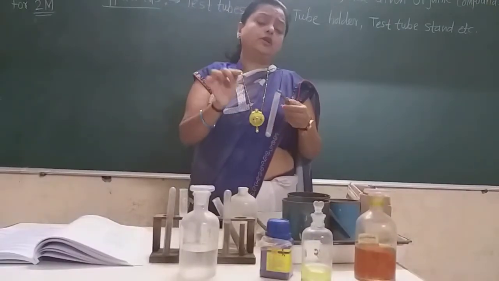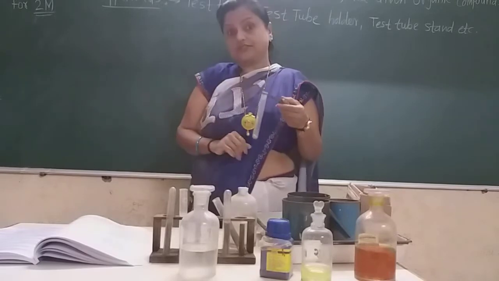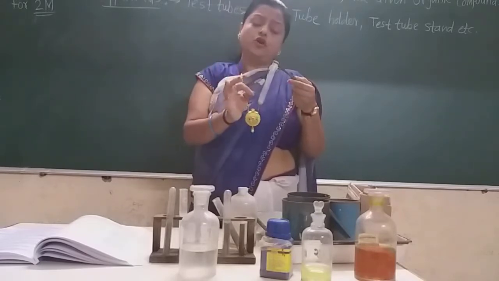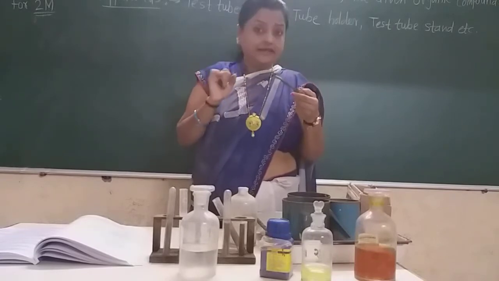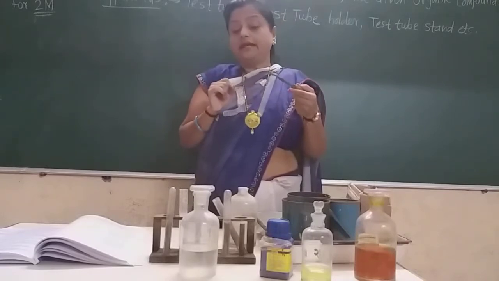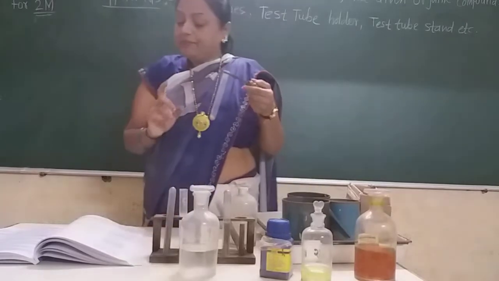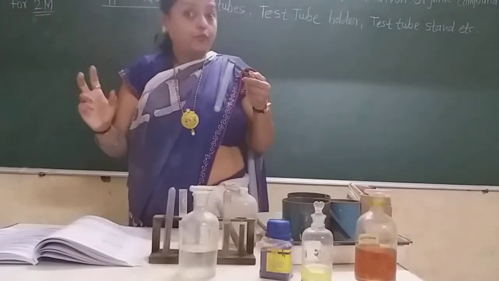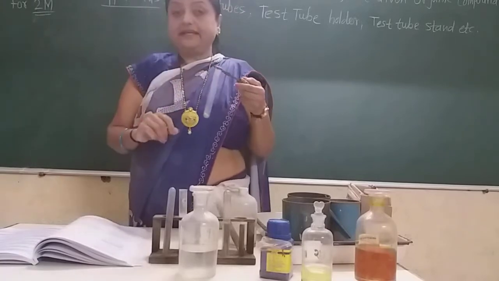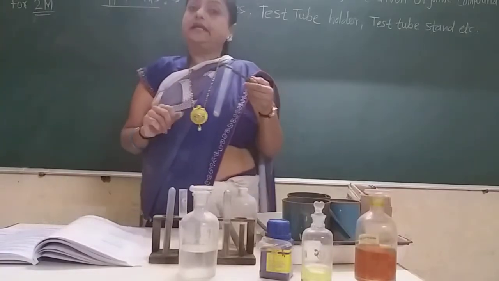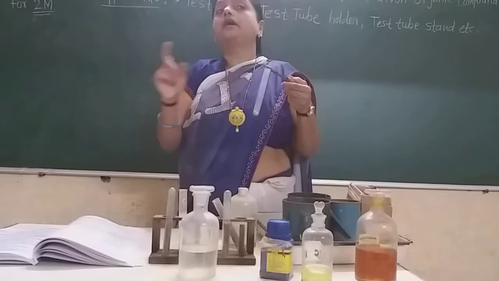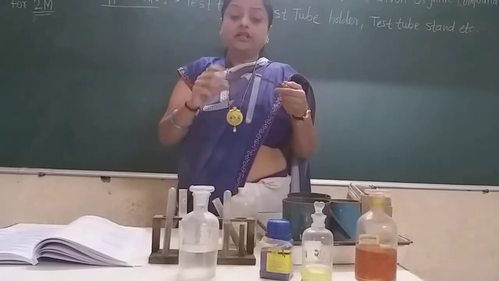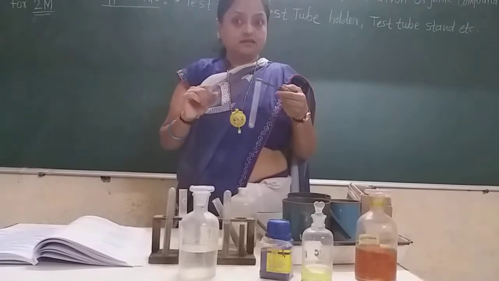We have to find out what is the functional group of this compound. Suppose this is a carboxylic acid, it may be given, and if we add 10% sodium bicarbonate into that, NaHCO3, that is the chemical formula of sodium bicarbonate.